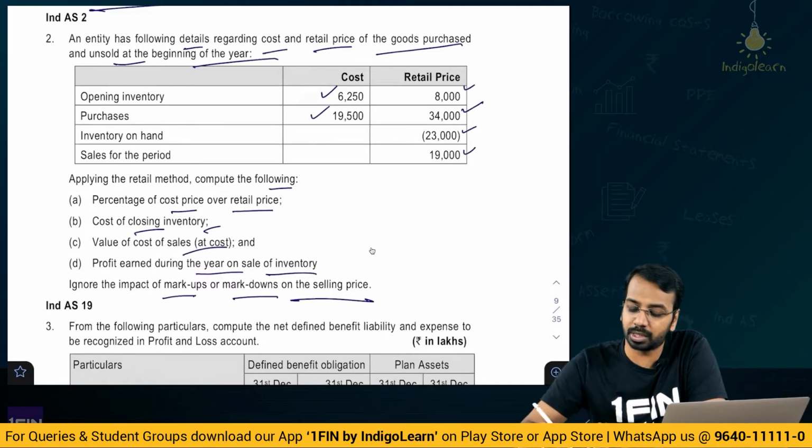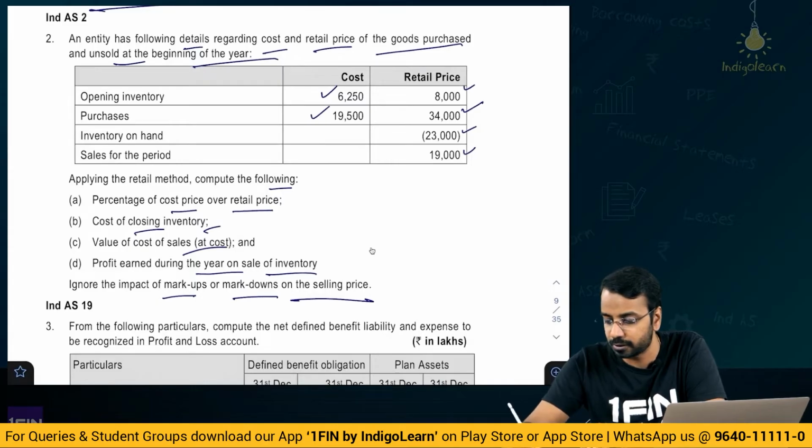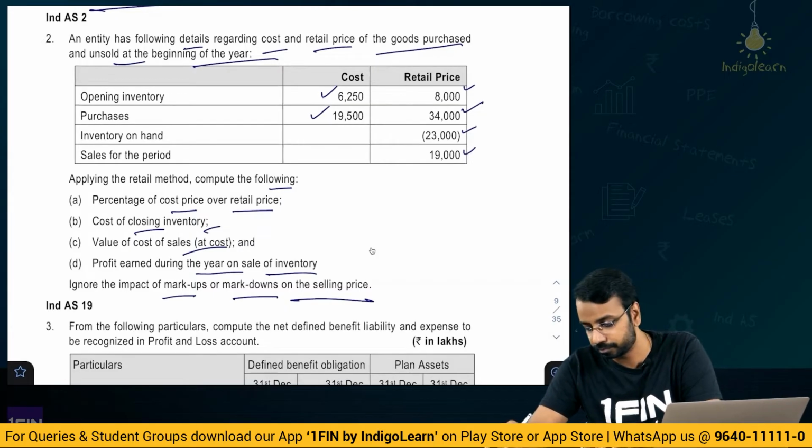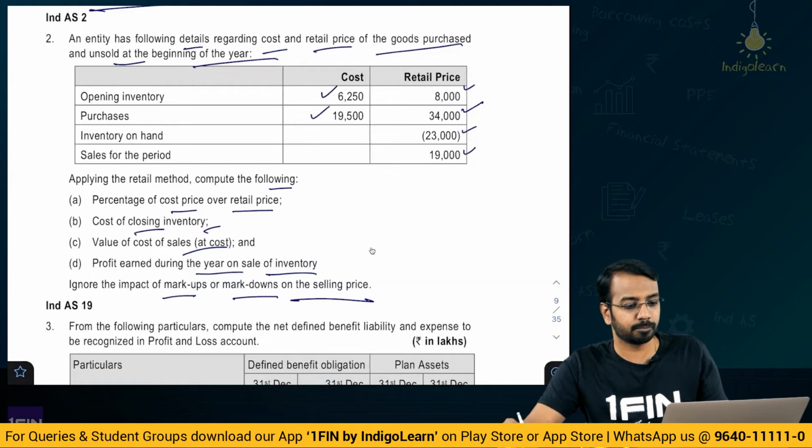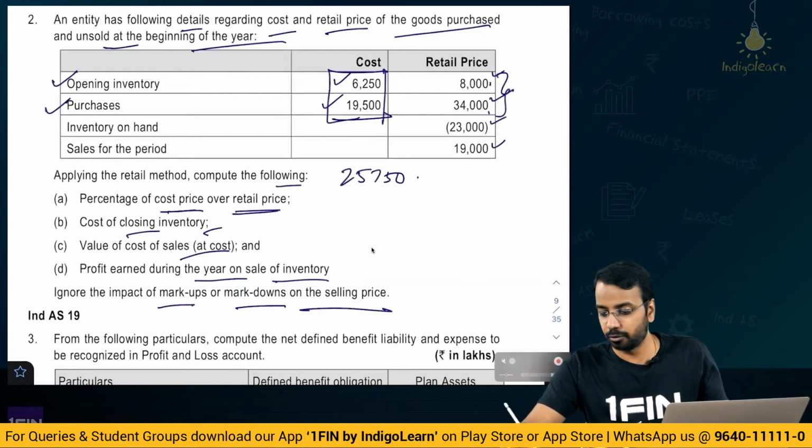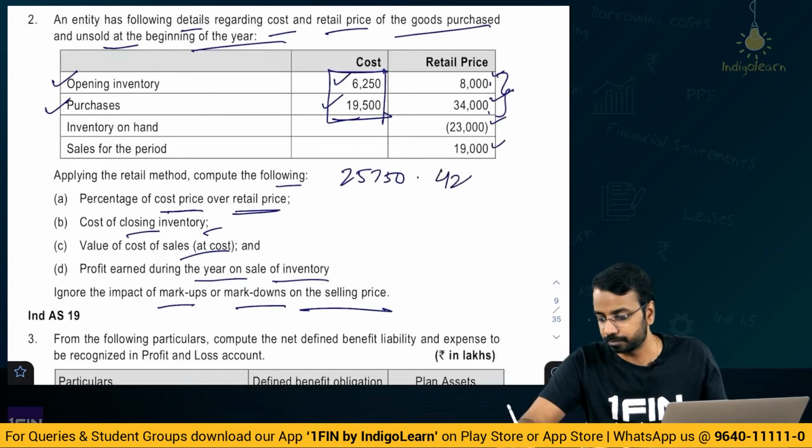Now here, what is the question wanting us to solve? Cost price over the retail price. What is the cost? Cost is these two: 6250 plus 19,500. So 19 plus 6 is 25, 25,750 is the cost. Sale price is 34 plus 8. See, for the opening inventory and purchases, means for the goods that we have, sale price is 8 plus 34, which is 42,000, right?